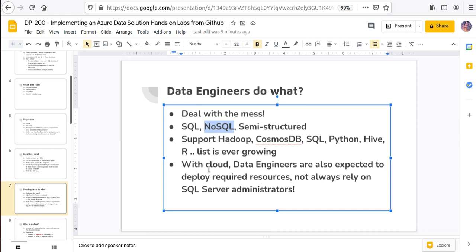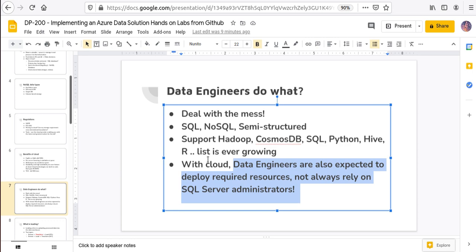Now, again, this is something I talked about a little bit ago as well. As a data engineer, you want to focus on processing, understanding, and coming up with solutions for the data. You don't want to spend time on setting up the servers, maybe the database servers or the processing servers that you need. Azure gives you the ability.